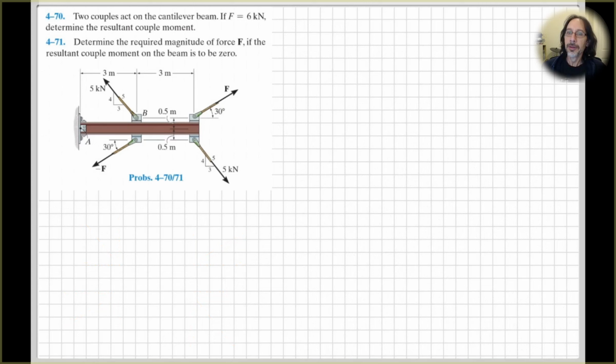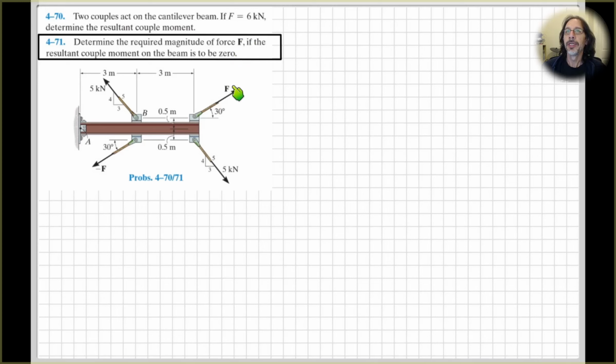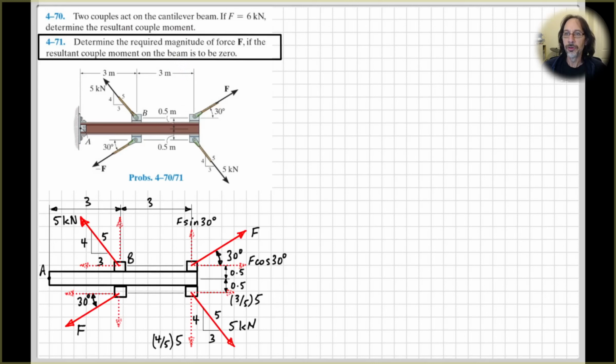So let's look at the next part of the question, which was to determine the magnitude of the force F here for this to be in equilibrium, I guess, for the net result couple moment on the beam to be 0. All right, so again, I've just redrawn the problem with my component forces shown.